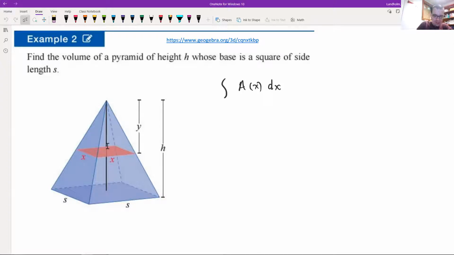What if we set this up treating this black line as the y-axis, and we set this up as an integral where we express this area function in terms of how high the cross section is. Okay, I like where we're going now.